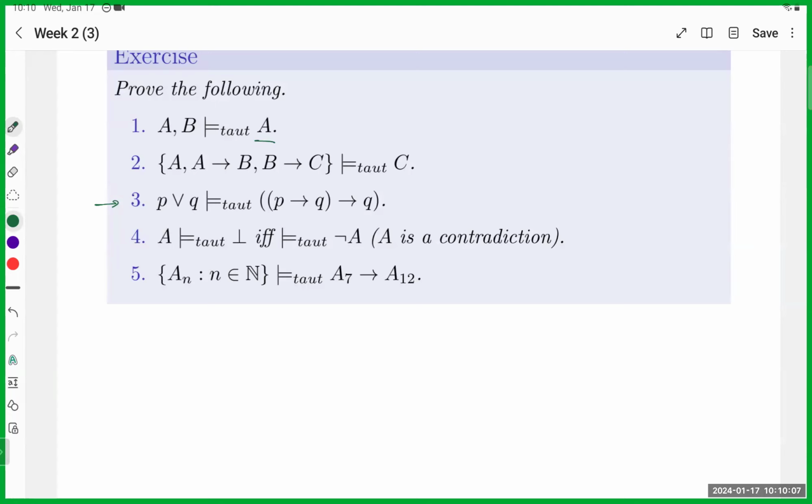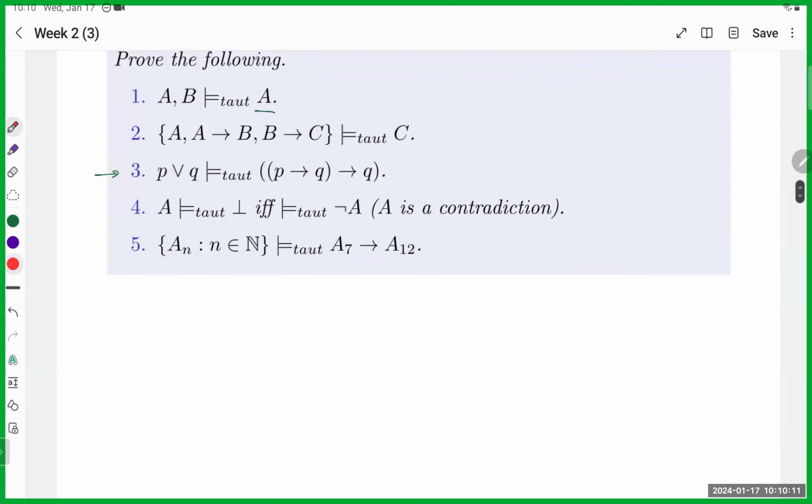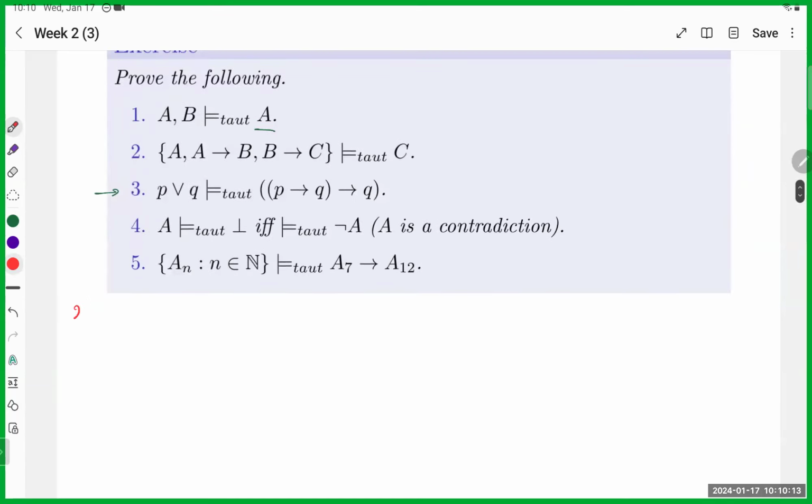For example, I can maybe prove number 2. How do we show this? We need to show that any state that satisfies all of these 3 formulas would satisfy C.